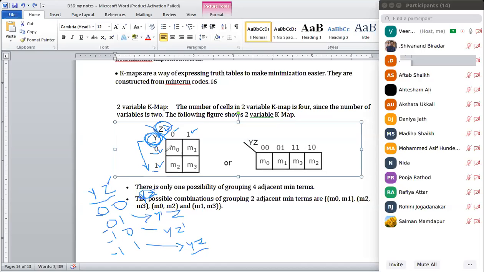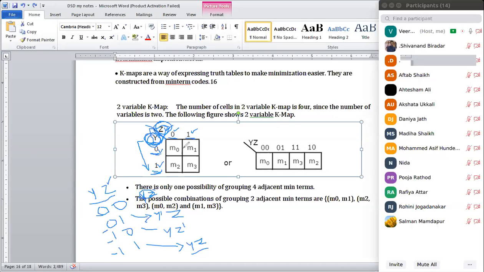Okay. When I mix up this Y and Z, what are the combinations I will get? 0, 0 and 0, 1. Again, 1, 0, 1, 1. Okay.